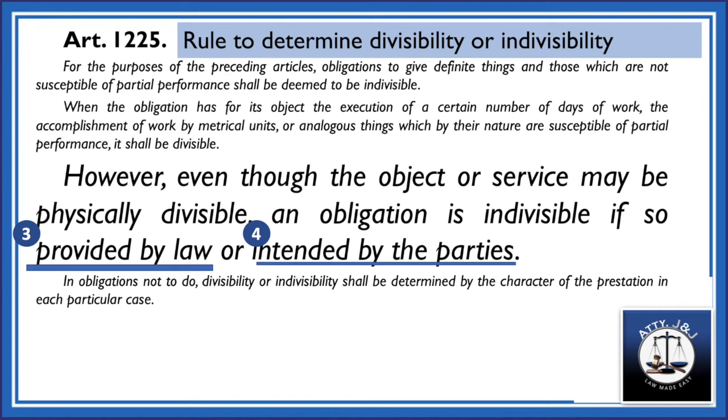However, as far as sa creditor, kay Ganda, the obligation remains indivisible because its performance cannot be done in parts. Hindi pwedeng mauna si Pogi tapos si Beauty. Isa pa rin yun. Once nila bibigay yung payment nila on due date.